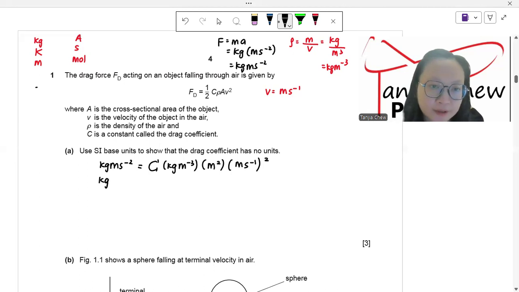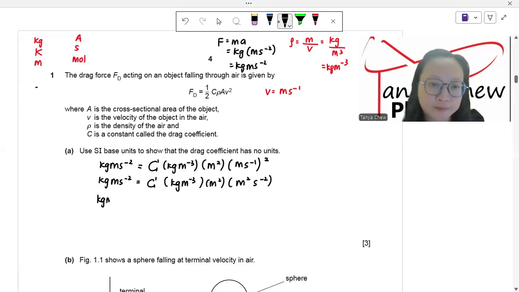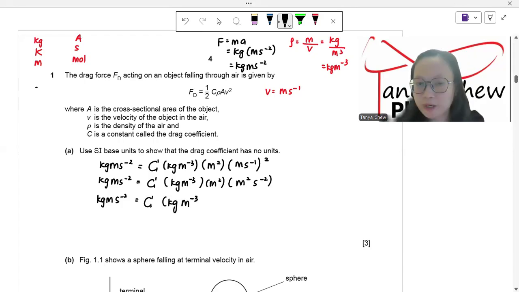Now I simplify. Kilogram meter per second squared is equal to C. This is still kilogram per meter cubed. This is still meter squared. This is meter squared s^-2. Now I put the m together. This is just kilogram. This is m^-3.